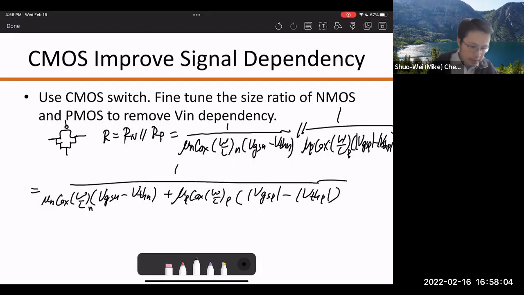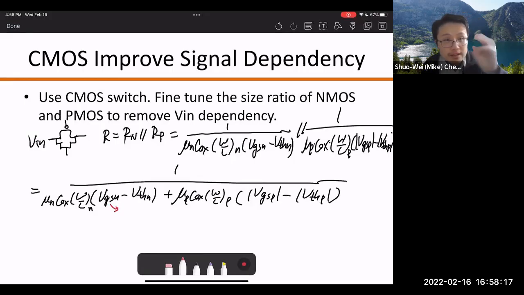NMOS and PMOS. All right, so this is my Vin, right? So for the NMOS, what is my VGSN? My VGSN here: the input is Vin, right? And the gate voltage of the NMOS is what in the tracking mode? This is VDD, right?